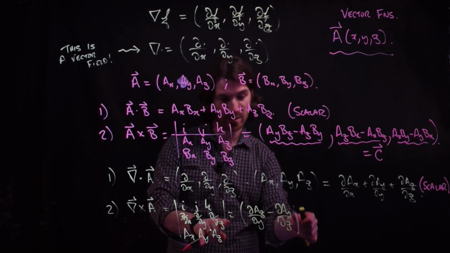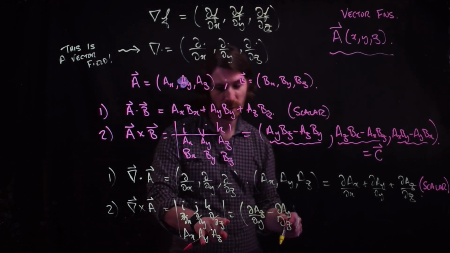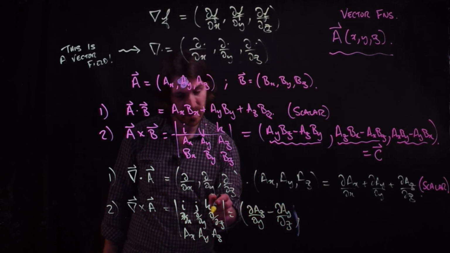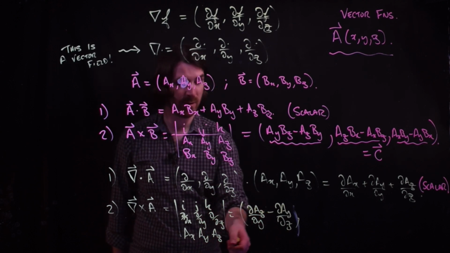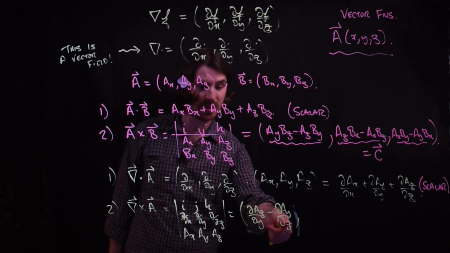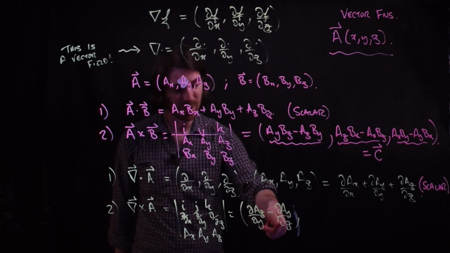Oops, that's the x component. Okay, and note here, it's important to have this partial derivative on the left-hand side. So we can't write Ay d by dz. It's d by dz of Ay.